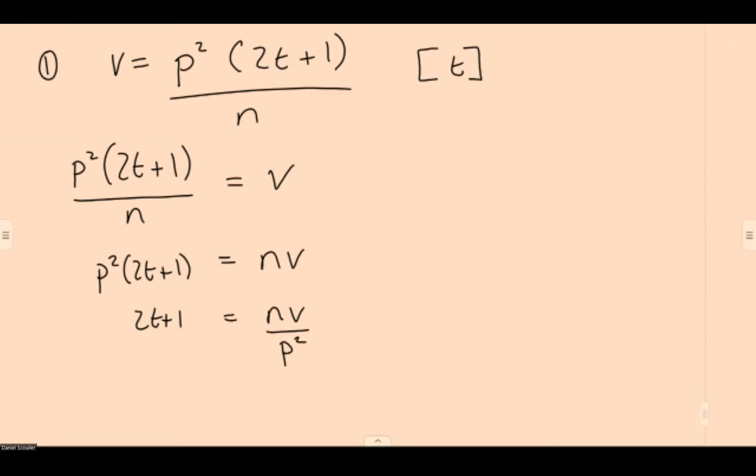Now we can move the addition. We'll get that. And then moving that t over, everything there you can put in a bracket and divide by 2. Everything there would get divided by 2.